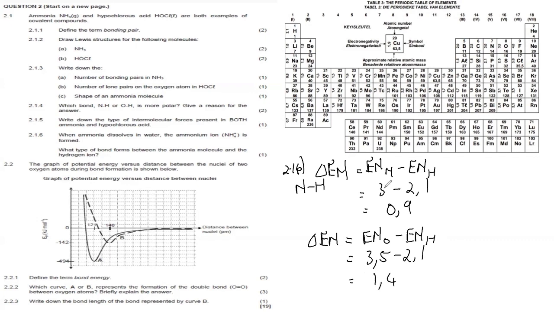Now from the calculation, it is now easier to tell which one is more polar. Remember, the greater this electronegativity value, that means it is more polar. So this one has to be more polar, right? This one is more polar. So this one is a weak polar covalent bond, but this one is a strong polar covalent bond.